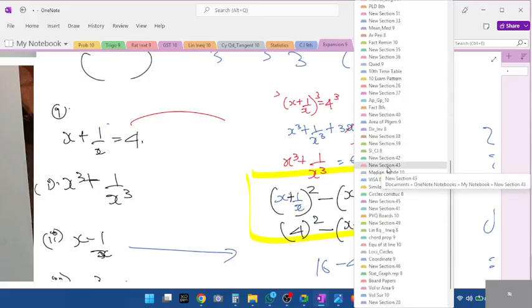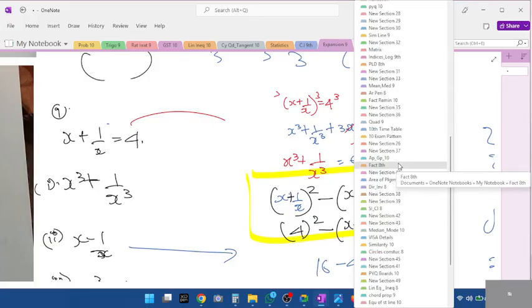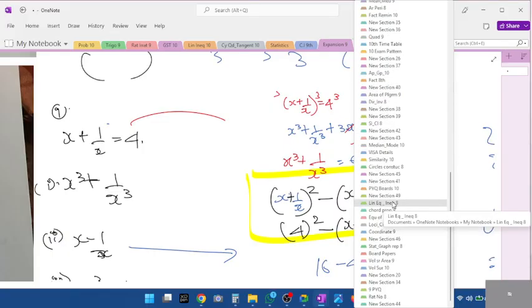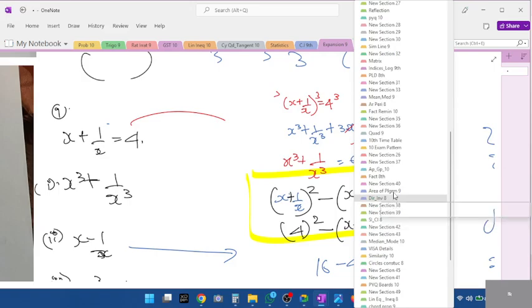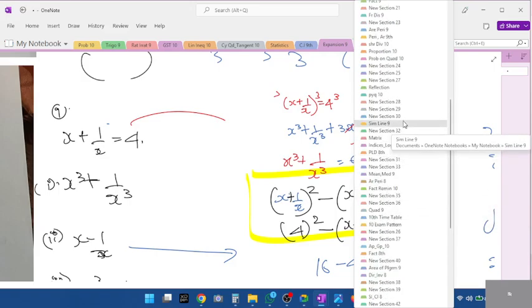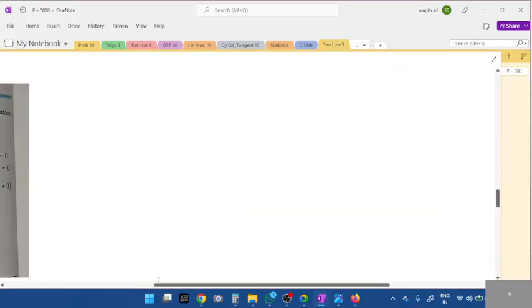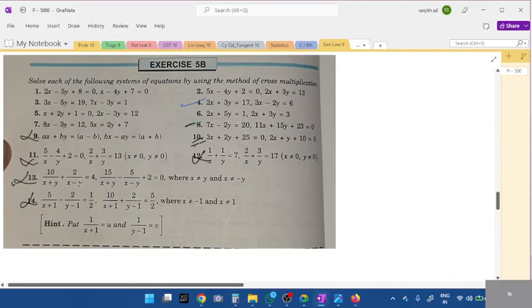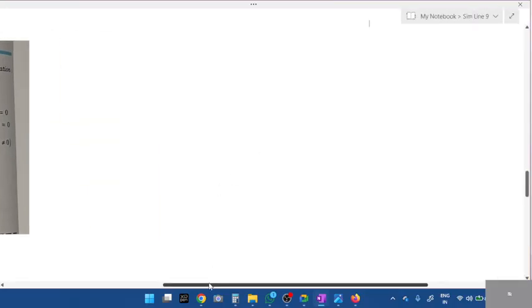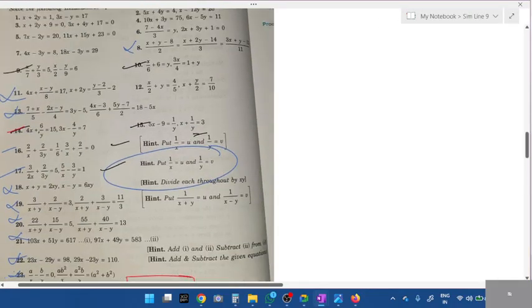So this week we'll just revise all the easier ones. Simultaneous linear equation. Okay, look at simultaneous linear equation.